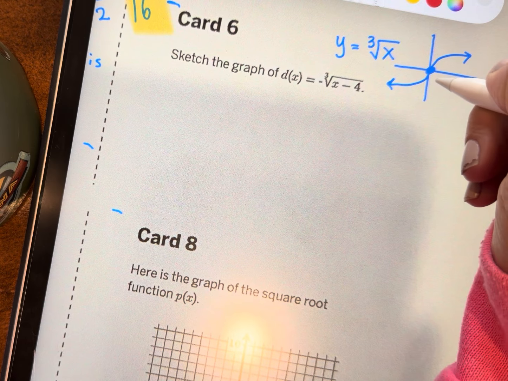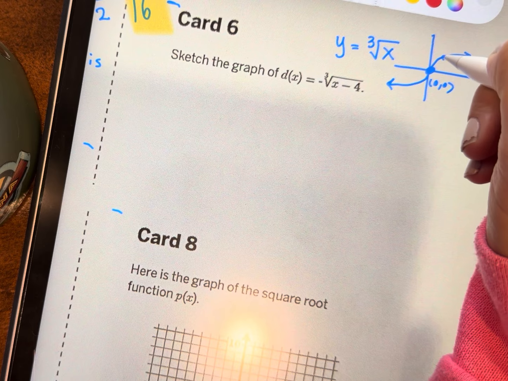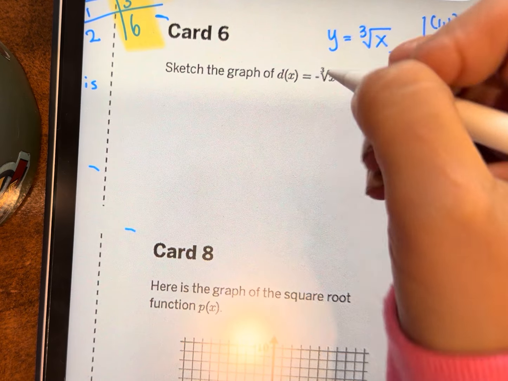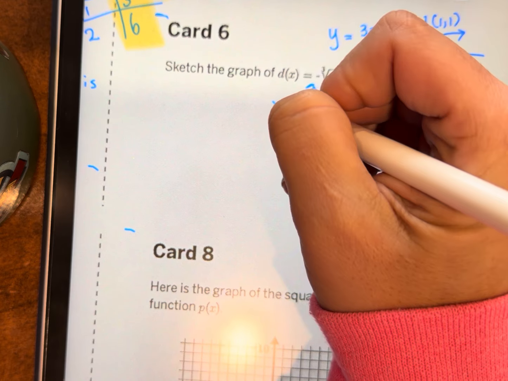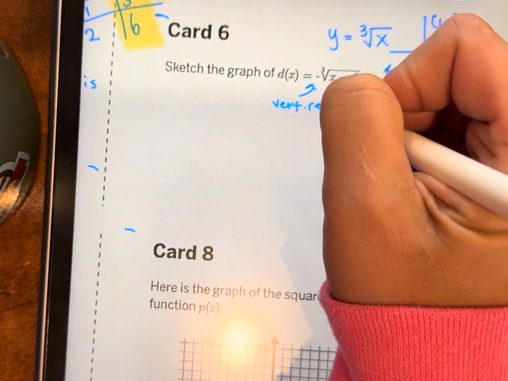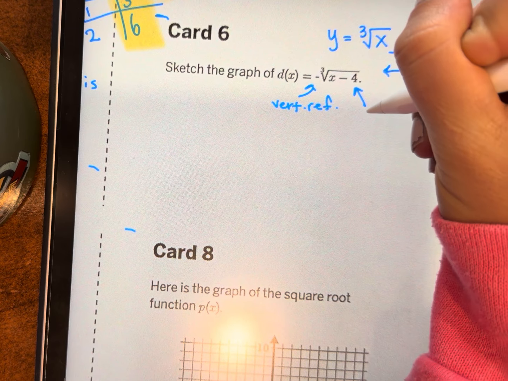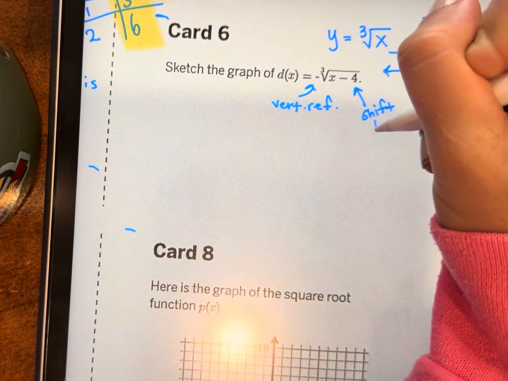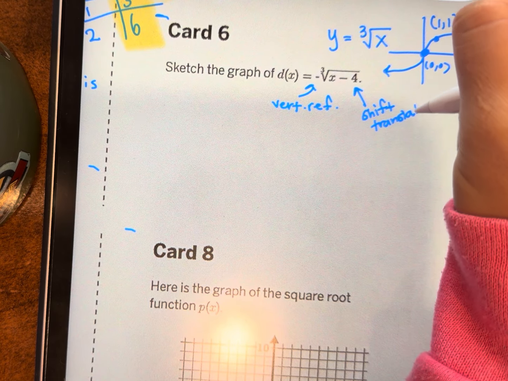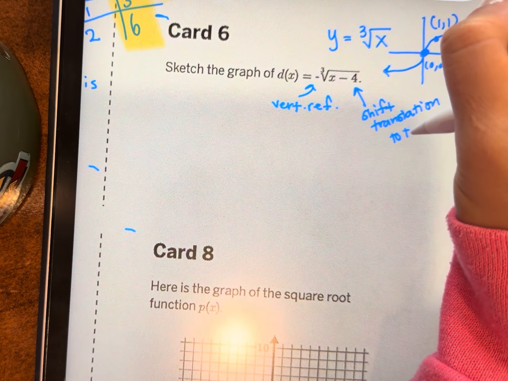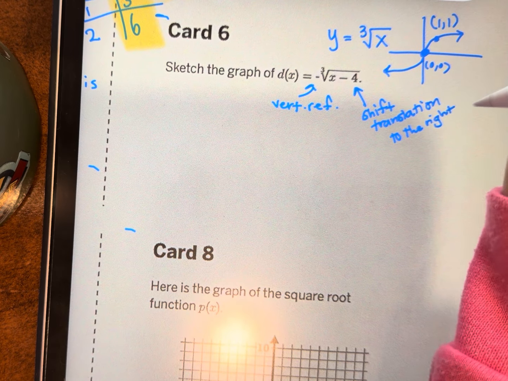Okay? It goes through 0, 0. It goes through 1, 1, and so on. Okay. What I have here is a vertical reflection and also a shift or a translation to the right 4 units.